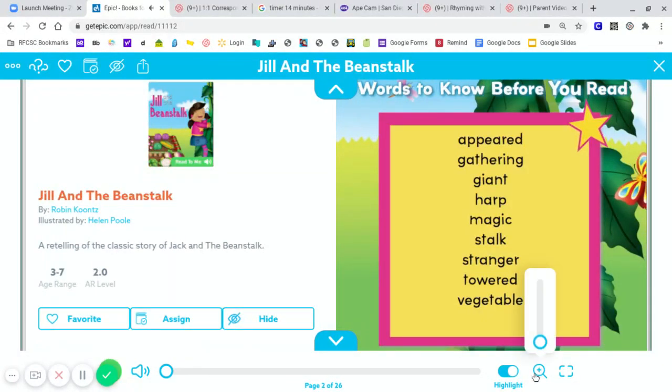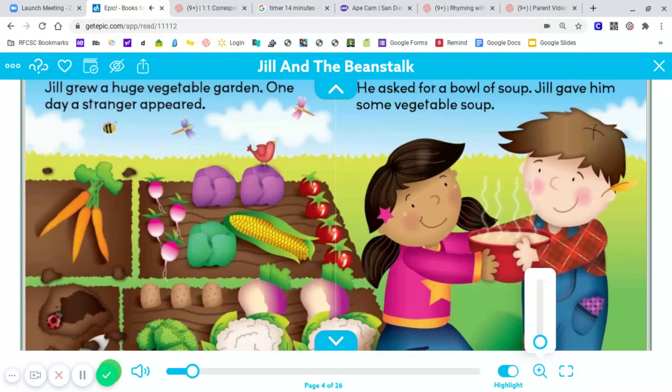Words to know before you read. Appeared, gathering, giant, harp, magic, stalk, stranger, towered, vegetable. Jill grew a huge vegetable garden. One day, a stranger appeared. He asked for a bowl of soup. Jill gave him some vegetable soup.